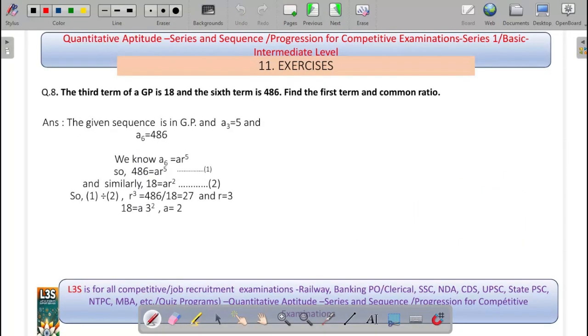The third term of a GP is 18 and sixth term is 486. Find the first term and common ratio. It is in GP. So T3 is equal to 18 and T6 is equal to 486. We know Tn is A R to the power n minus 1.